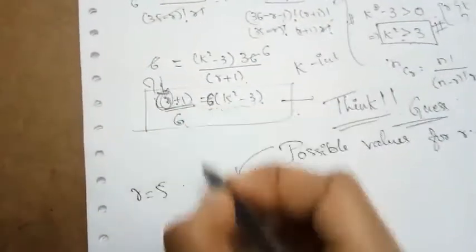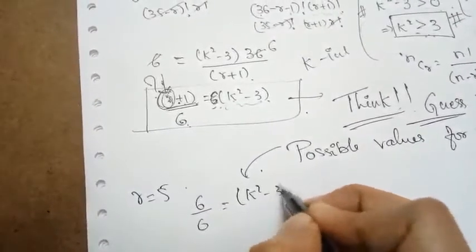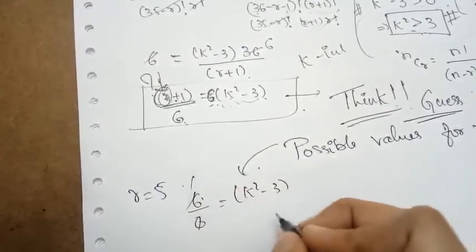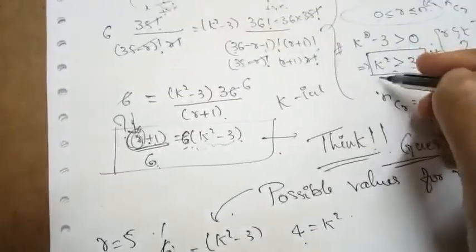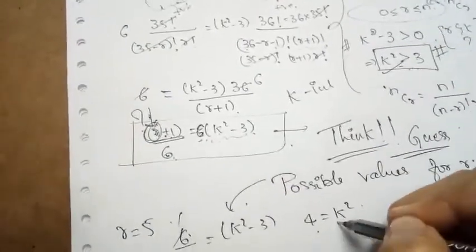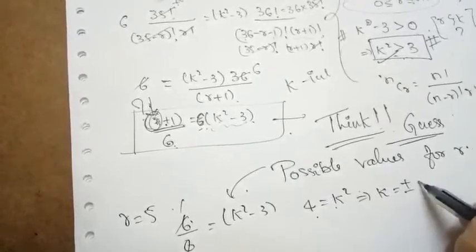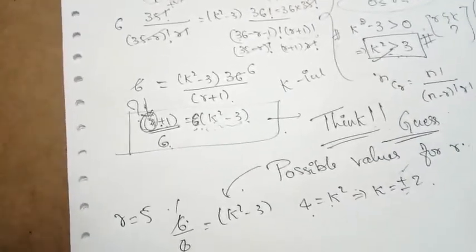So if I take 5 here, 5 plus 1, which is 6, divided by 6 is equal to k square minus 3, that is 1. If I move minus 3 to the LHS, it becomes 4 equal to k square. Clearly our k square is greater than 3. So what is the value of k here? k is plus or minus 2. Since k is an integer, both positive and negative values hold.